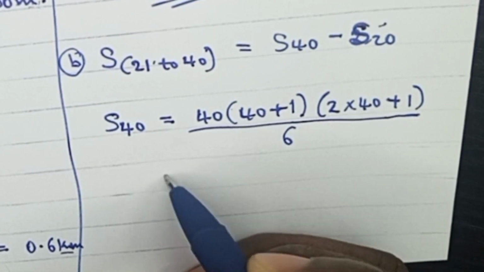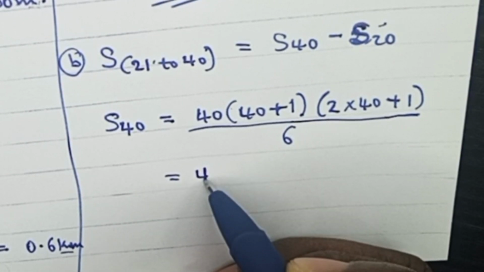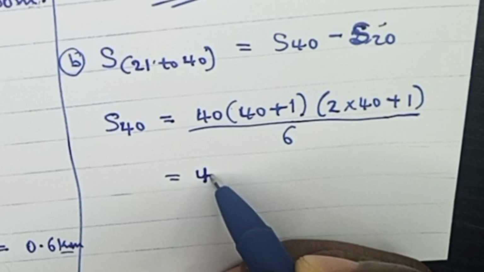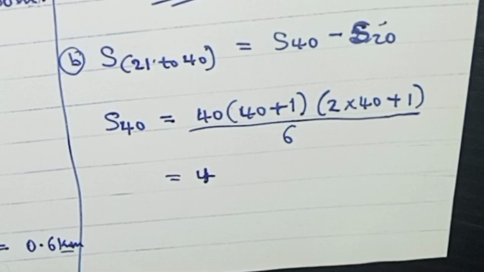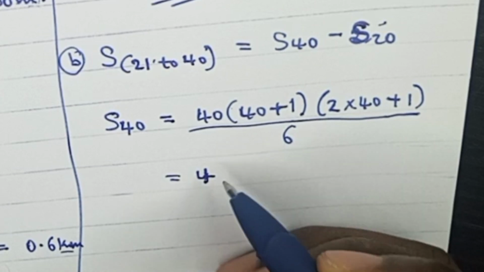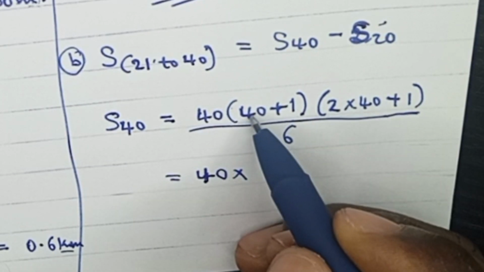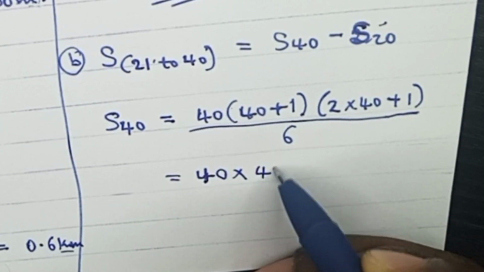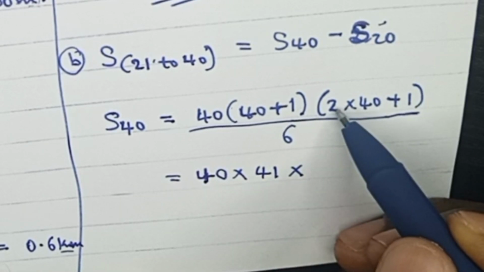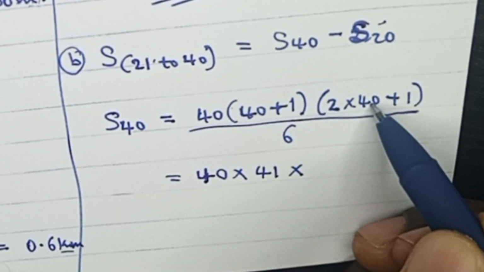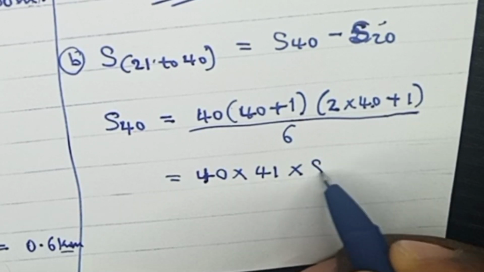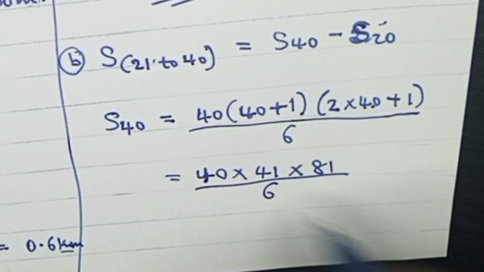So we have 40 times 41 times 2 times 40 gives us 81 all over 6.